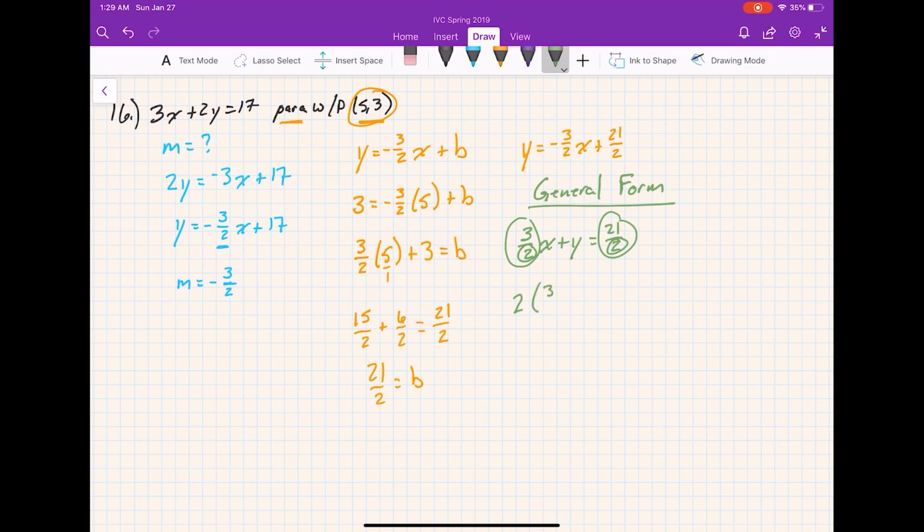So multiply both sides by 2, so 2 times the quantity 3 halves x plus y is going to equal 2 times 21 over 2. Well, 2 times 3 halves x gives me 3x, the 2 times the y is 2y, and the 2 times 21 halves is 21. So there you go. There is our answer in general form.